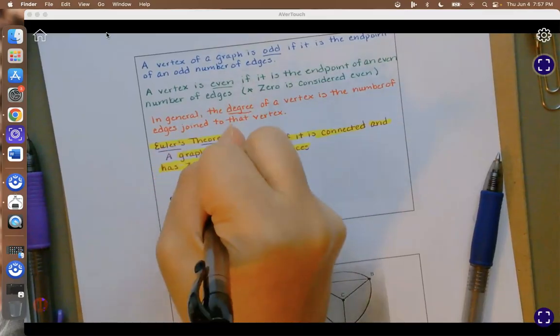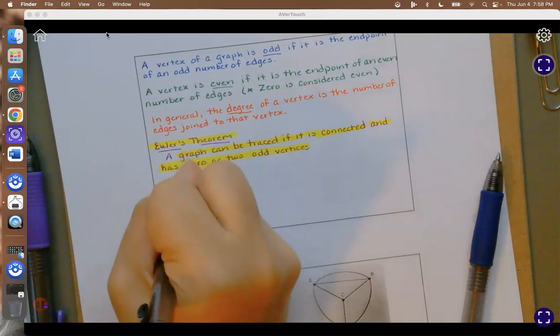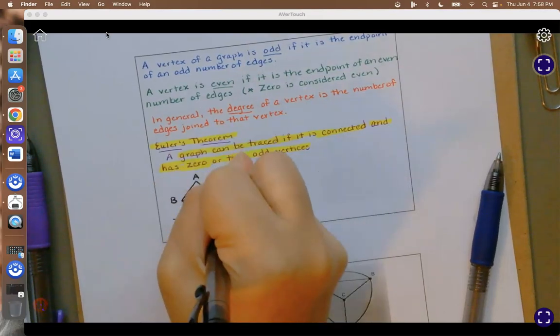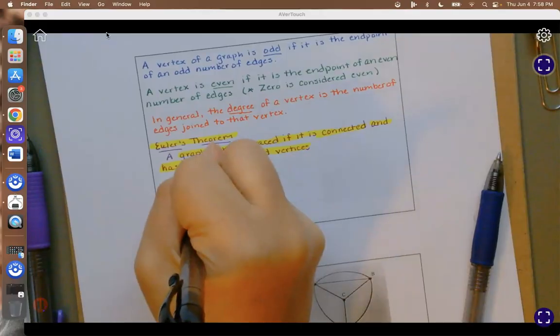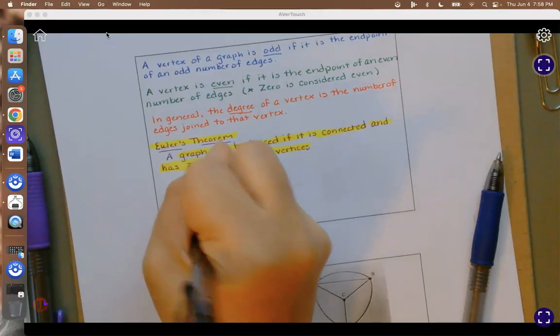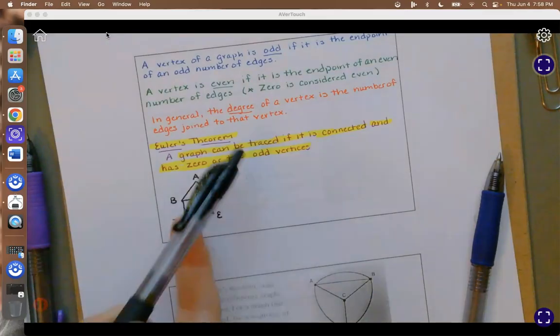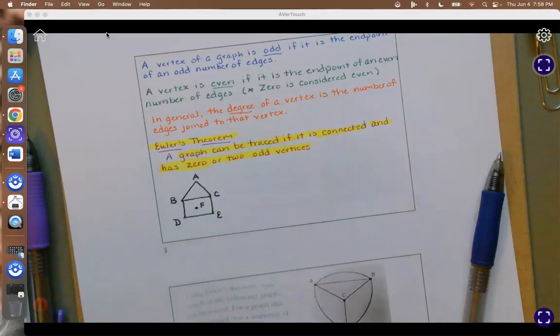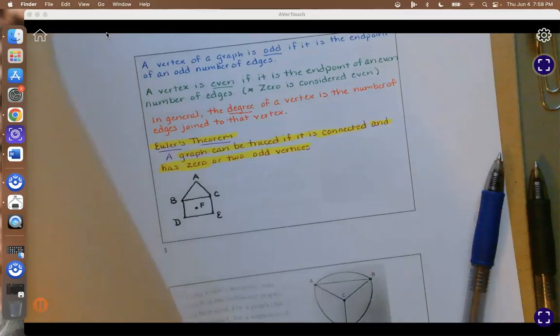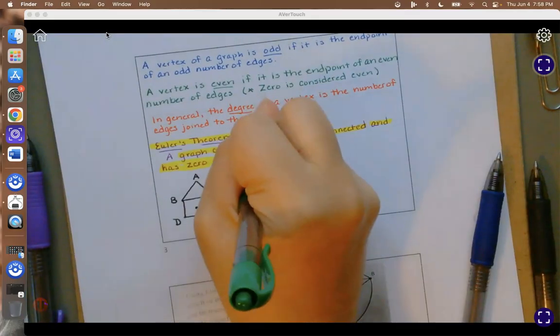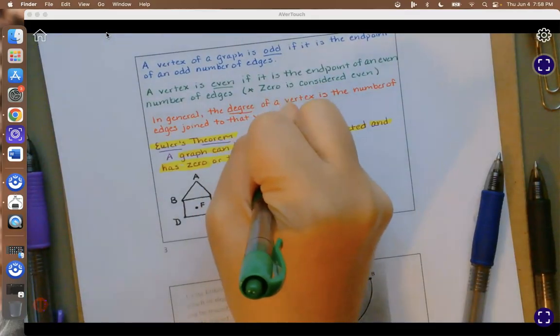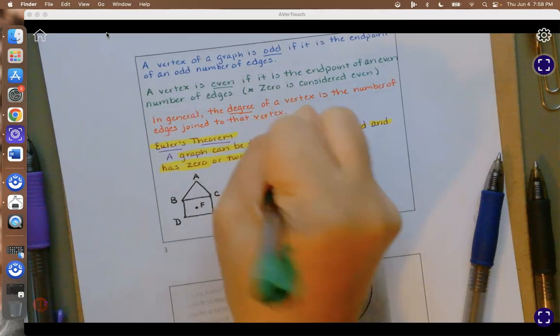All right, so the degree of A has 2 edges coming off of it, so that makes A even. B has 1, 2, 3 edges coming off of it, so it makes it odd. C has 1, 2, 3, so it is also odd.